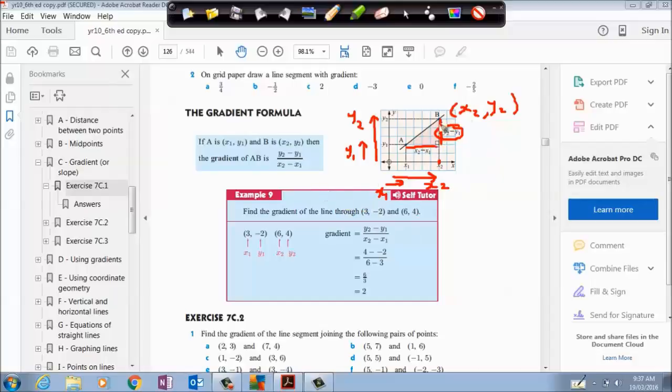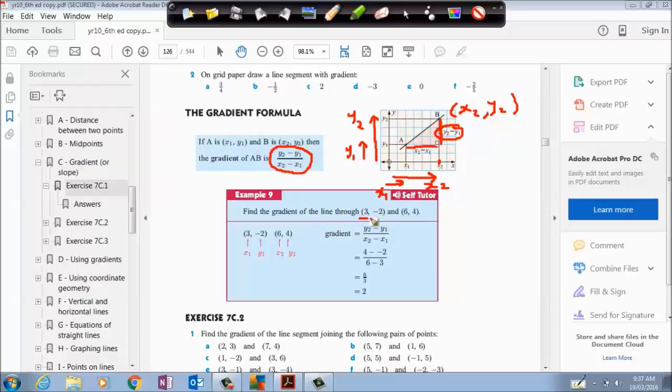So it doesn't matter if you don't have that in mind, all you do is use this formula. Because you've got a help sheet, you can just go into the test with the formula written down. It's best to see with an example.